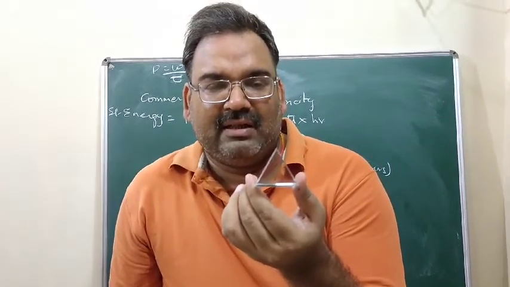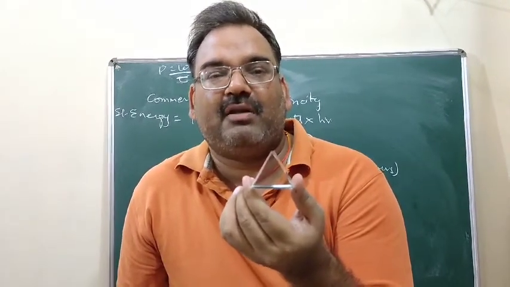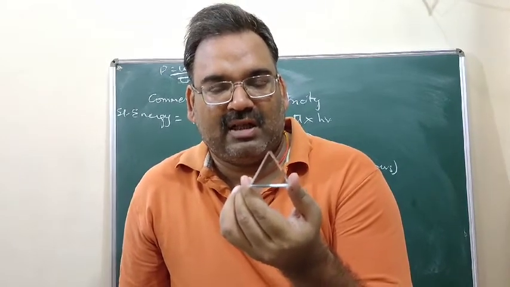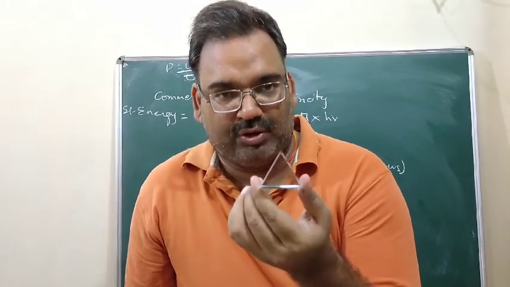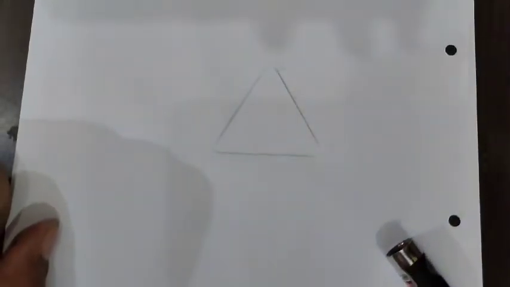Now we will see the incident ray, the deviation of the incident ray, and where the ray emerges out. So this part we will see in this experiment that I am going to show you. Watch carefully. I have placed a prism on the white sheet and have drawn a boundary of this prism.